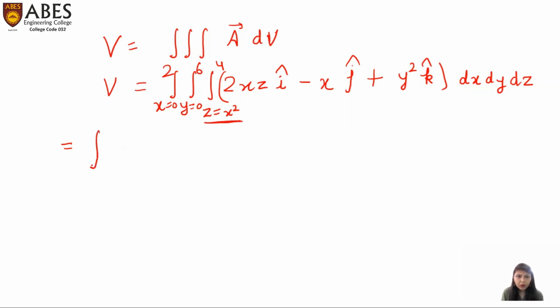I'm writing x as it is, integration y equals 0 to 6. Now do the integration first with respect to z.